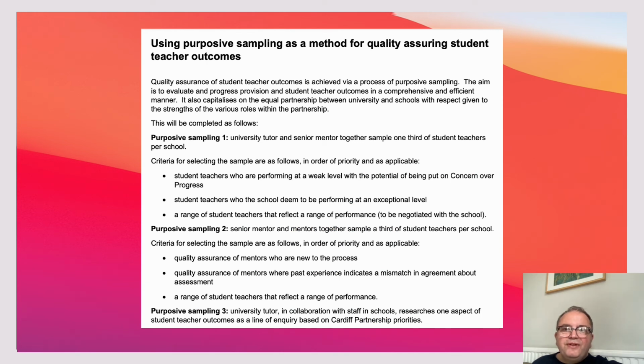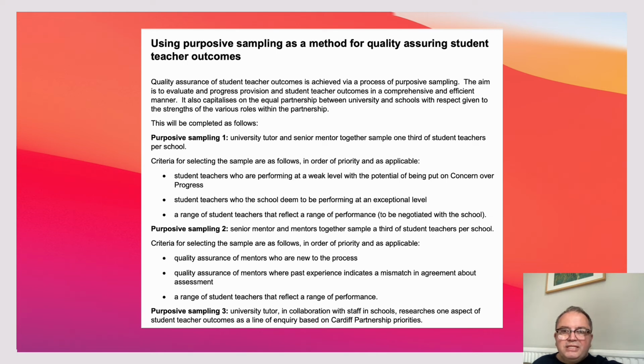Now, the course is very much a partnership between school and university. All mentors will have undertaken training to ensure they're in agreement with what constitutes an aware and a capable student, etc. However, to make sure this doesn't slip at all, we undertake something called purposeful sampling. This means that we sample student work in every school.